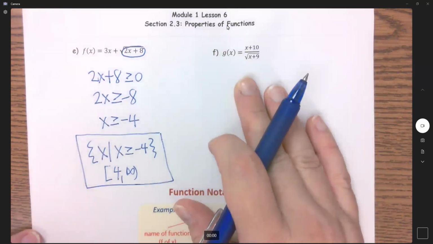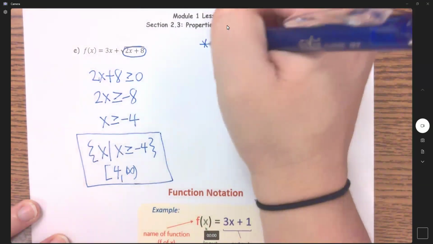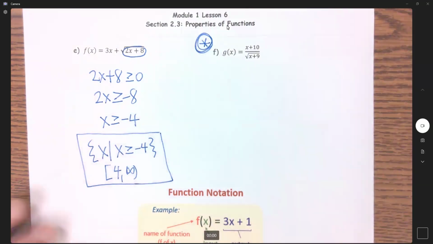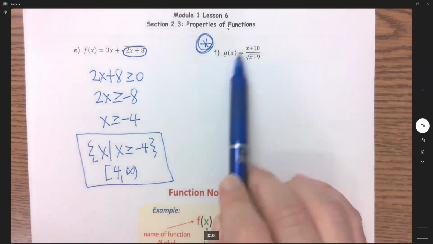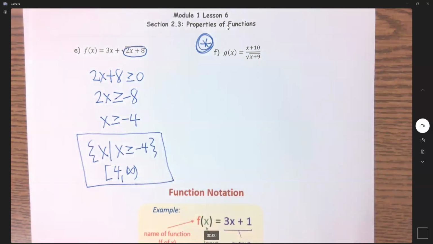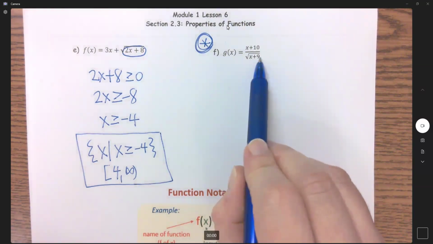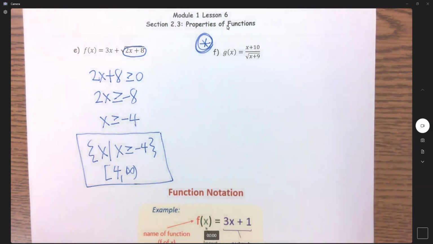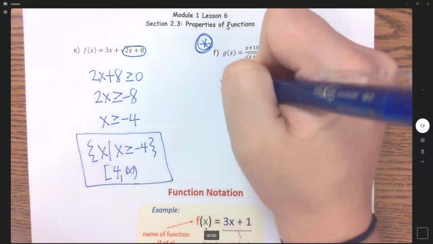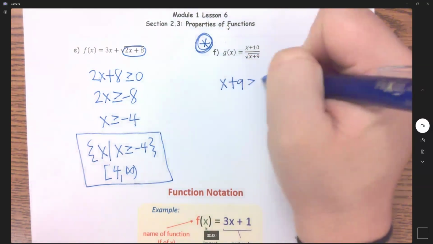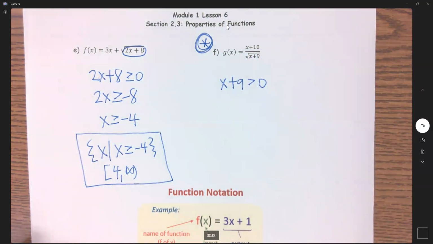Now this one on F is a combination of both. Because it's a fraction, I know that this denominator here cannot equal 0. But I also know what's under that radical, it's got to be 0 or above. So now I'm going to take what's under that radical and set it to be greater than 0.